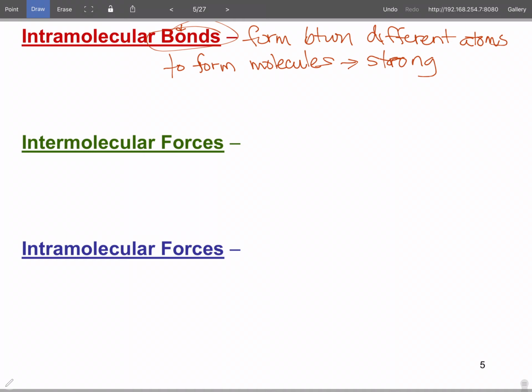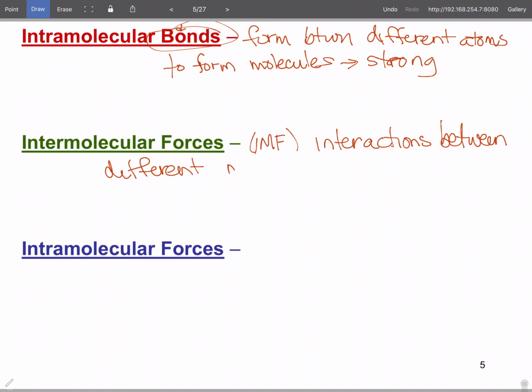Now, this is very different than intermolecular forces. I call this IMF, intermolecular forces. These are the interactions between these particles. And they can be a variety between different molecules, salts.